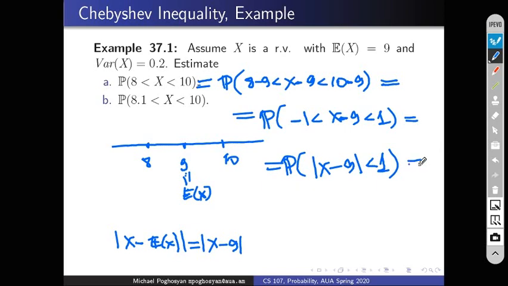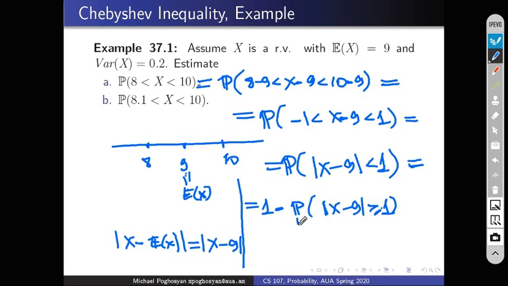And to use the Chebyshev inequality in its original form, I need to have the probabilities larger than something. So I'm writing 1 minus the probability that the absolute value of x minus 9 is larger or equal than 1. Now I have the form for which I can use the Chebyshev inequality.